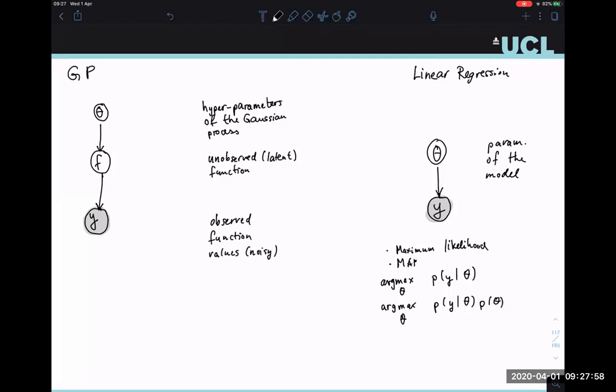So now, how are we doing the same or similar things with the Gaussian process? Any suggestions? So we could sample functions, but what do you want to do with sampled functions?